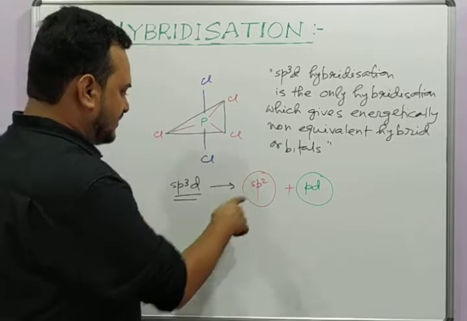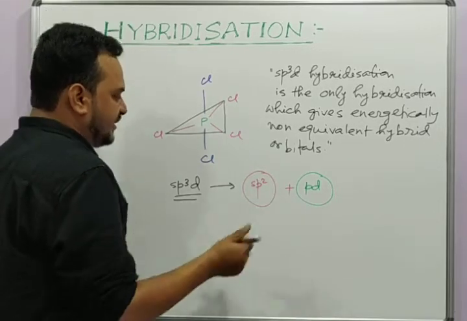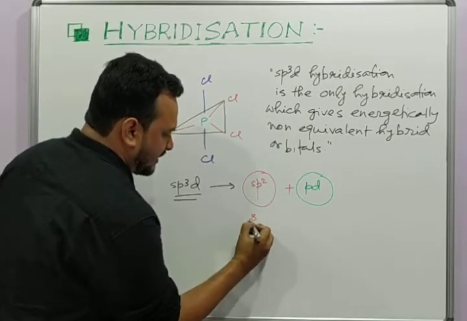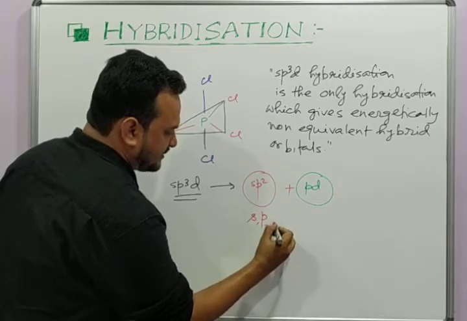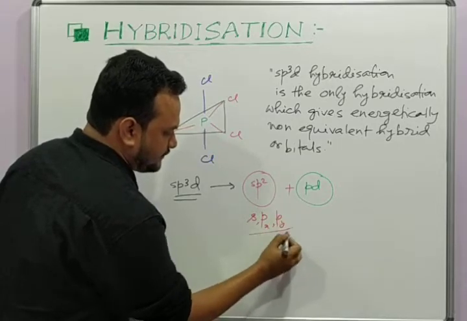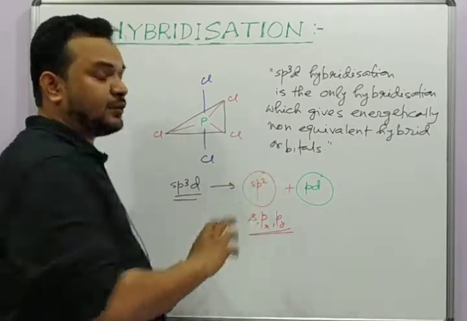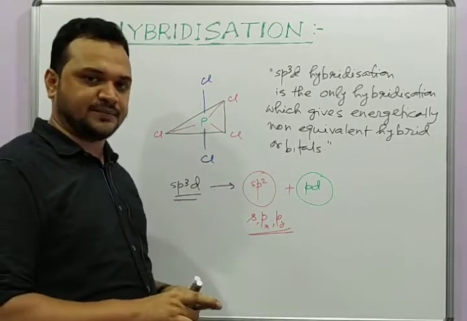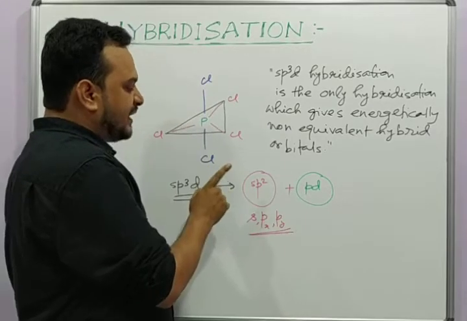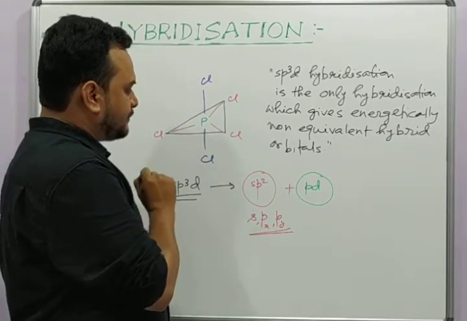Okay, now in this sp2, the 3 orbitals involved are s, px and py. So when it is sp2 hybridization, that means this part will give a trigonal planar part, and what will be the plane of that trigonal planar part?